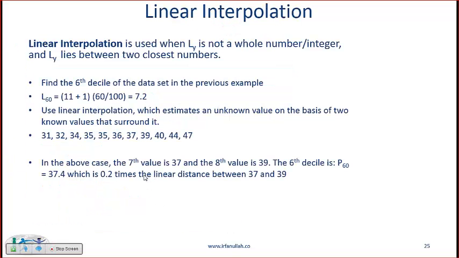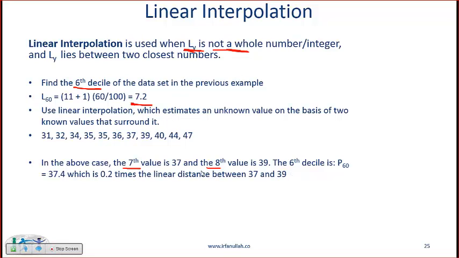Linear interpolation is used when Ly is not a whole number or integer. So if we say 6th decile, then you'll get a location of 7.2. So what do you do? You look at the 7th value and the 8th value, and then go 20%, actually 0.2.